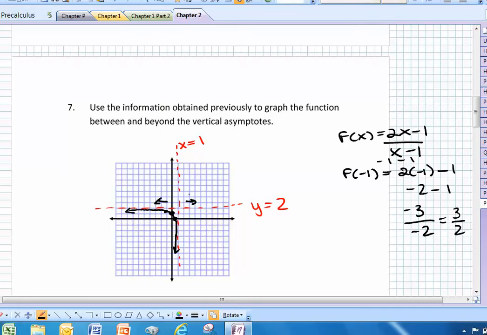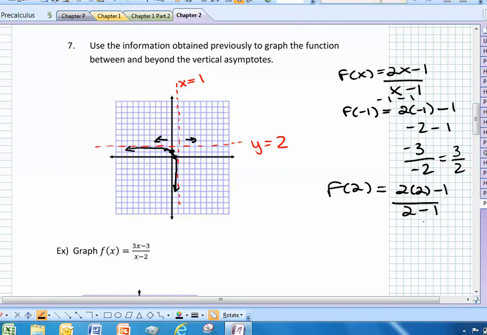So now on this side of the vertical asymptote, I pick a point, and I'm going to choose 2, because 2 is the next point to the right of x equals 1. So 2 times 2 minus 1, and 2 minus 1. So 2 times 2 is 4, minus 1 is 3. 2 minus 1 is 1.